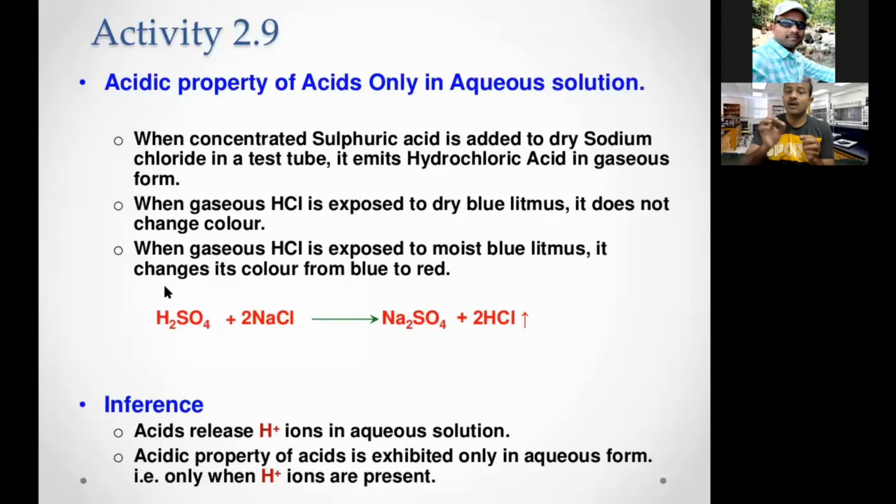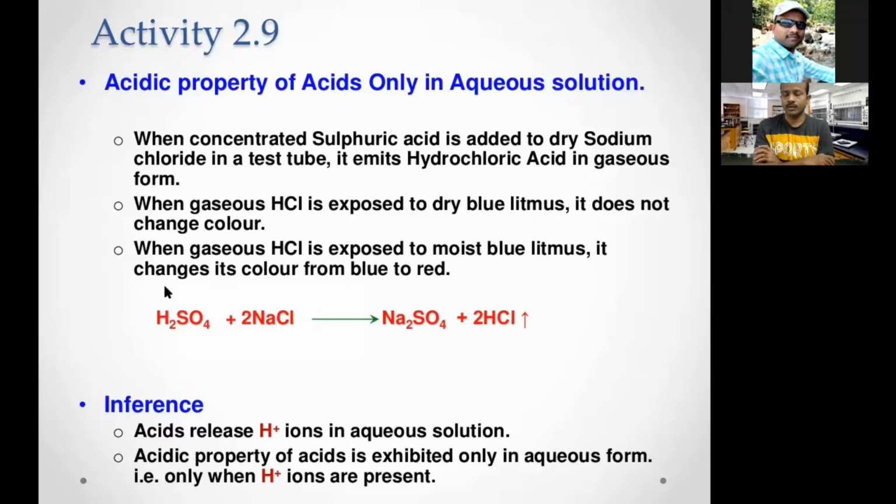If it is not in contact with water, the acid will not release H plus ions, so we cannot consider it as an acid. The substance which releases H plus ions in aqueous solution is called an acid. If you are not adding water, it won't give H plus ions.